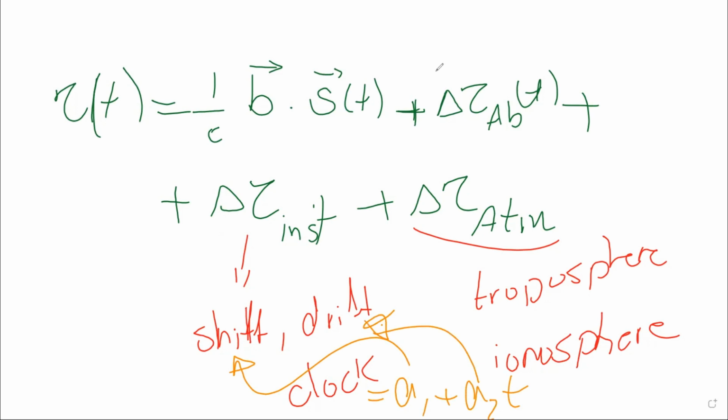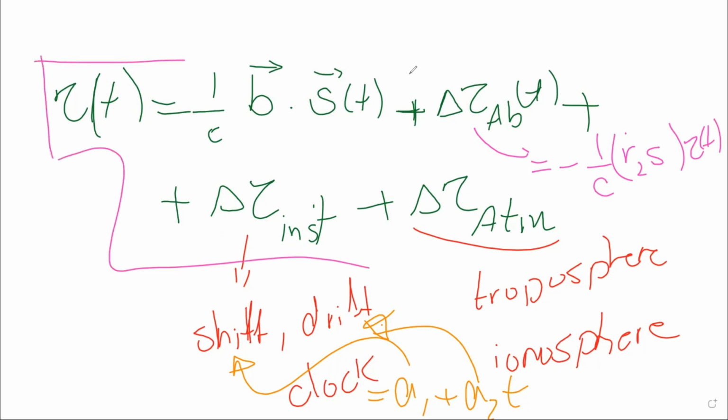And the aberration, I write it with another color. Here, aberration is actually 1/c. This is a formula. R dot multiplied by S, and later I will explain what they are. Tau T. So this is the general formula of the VLBI.